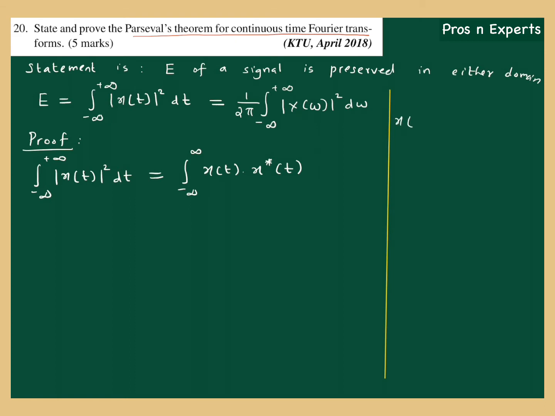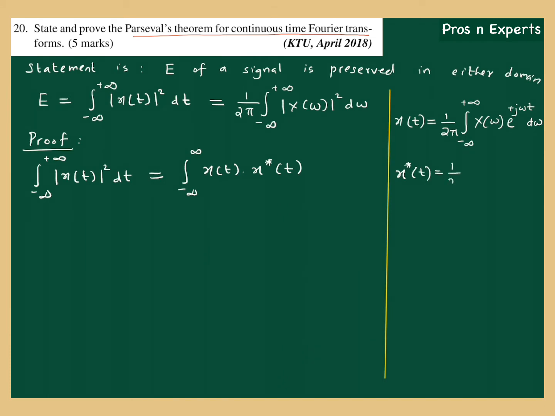Using Fourier transform equation, x of t equal to 1 by 2 pi integral minus infinity to plus infinity x of omega e raised to plus j omega t d omega. Okay, this is how you represent any non-periodic continuous time signal in Fourier transform. Now what is x star of t, the complex conjugate of the signal?